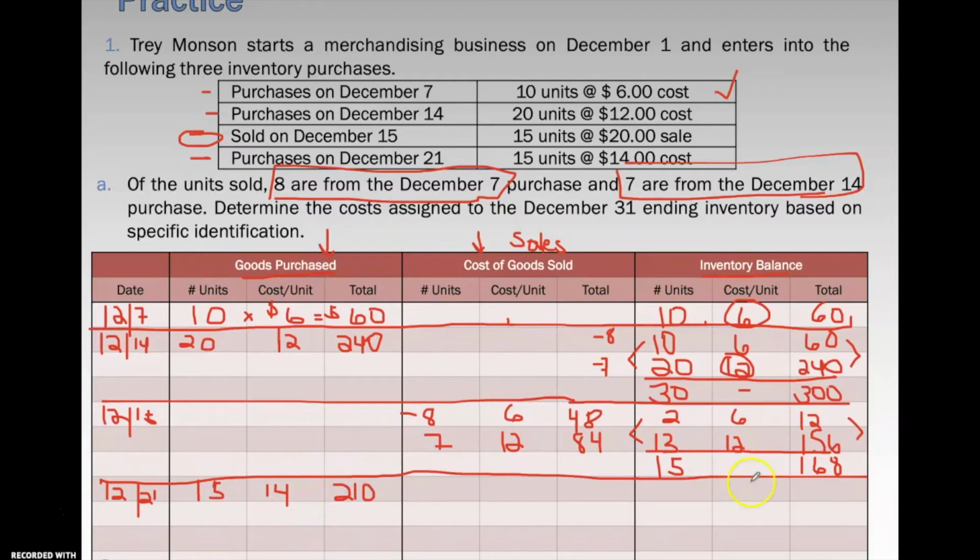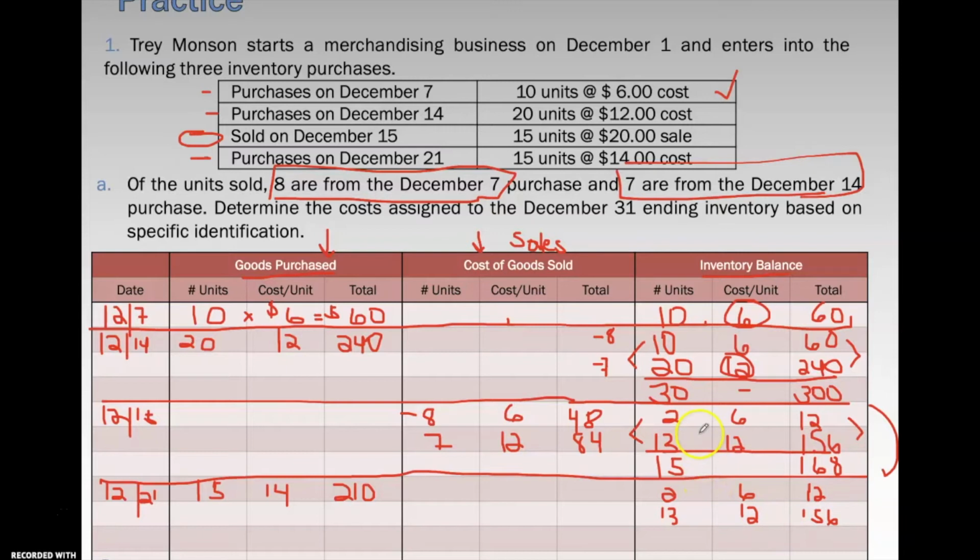Okay, so what's my balance? Well, I had this plus my new purchase. So the first part's just to copy down what we had already: 2, 13, 6, 12. I'm just copying down my balance from before because we still have that. And we're just adding to it, 156.